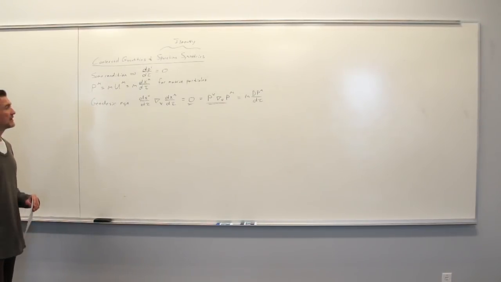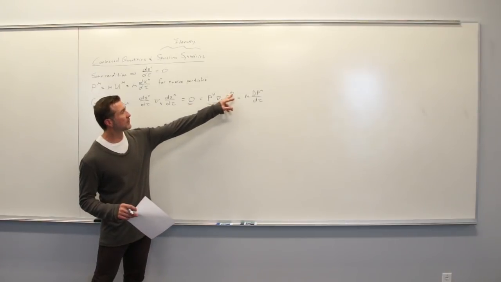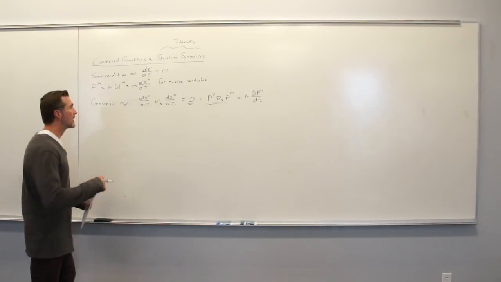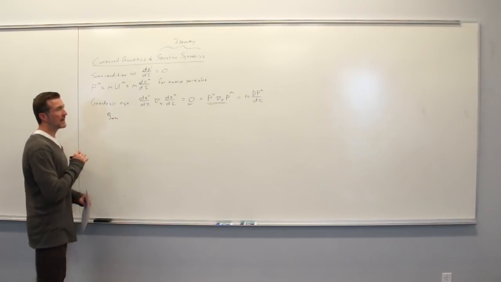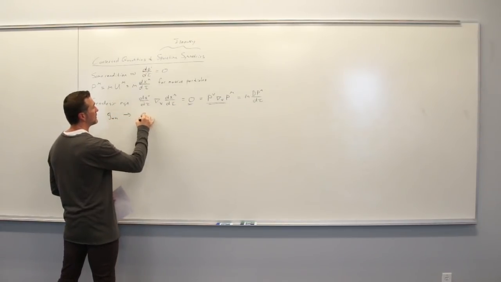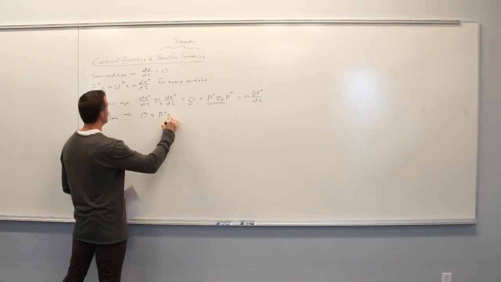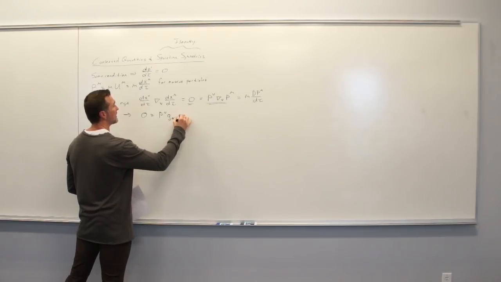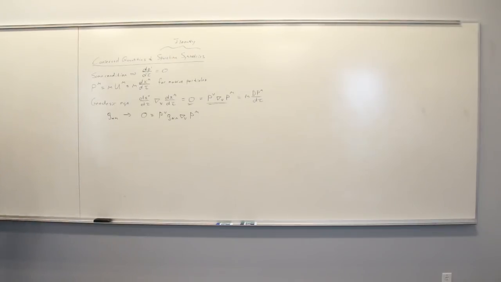0 is equal to p^ν ∇_ν p^μ. And the first thing I'm going to do is hit both sides of this with the factor of the metric to bring this μ down and make it into an α. So applying g_αμ to both sides is going to give me 0 equals p^ν g_αμ ∇_ν p^μ.